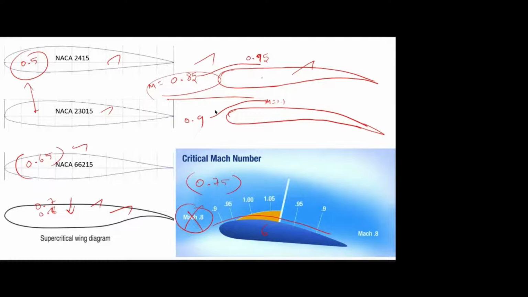Yes, sir. Sir, will this supercritical airfoil have any disadvantage at lower speeds? At a lower speed, it will produce less acceleration, and drag will be less. CL also will be a little bit less. But lower speed will be there only during takeoff and climb, right?